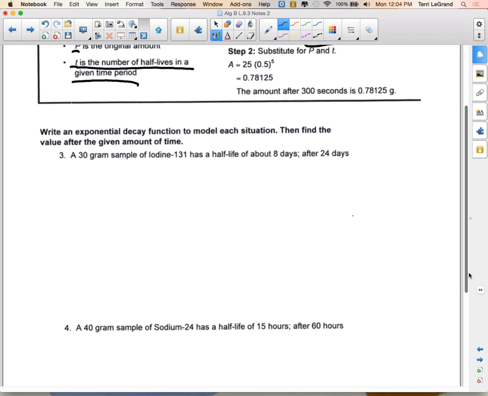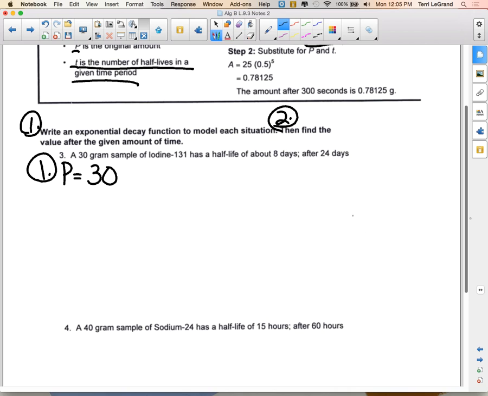Okay, so let's go on and practice. Write an exponential decay function to model each situation, then find the amount of the value after the given amount of time. Number one. Step number one, the only thing we have to identify is P. What's P in this one? 30, the starting amount.